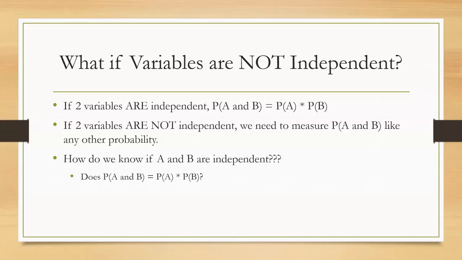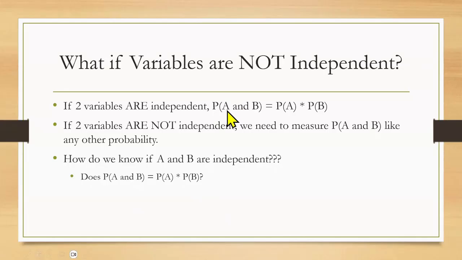So we want to look at how we think about this question using the rules of probability. If the two variables are independent, then this mathematical rule will apply. Remember, we used this equation earlier in the semester when we were using dice and cards and those kinds of things, which we know are independent from one another.